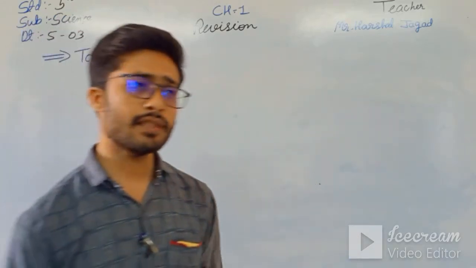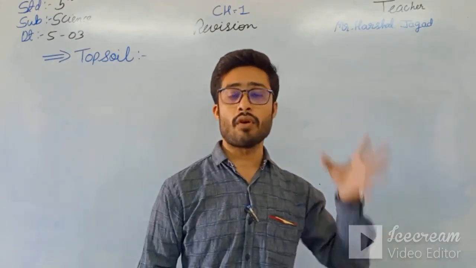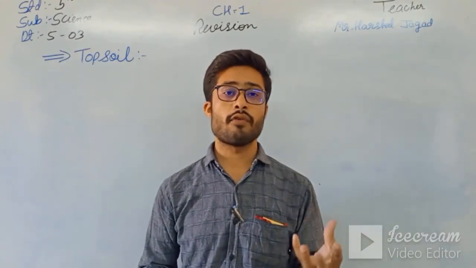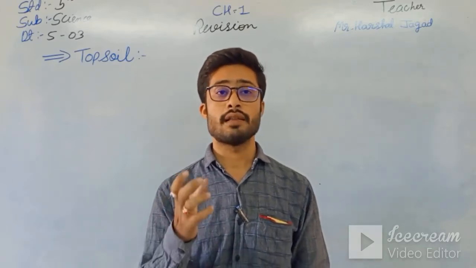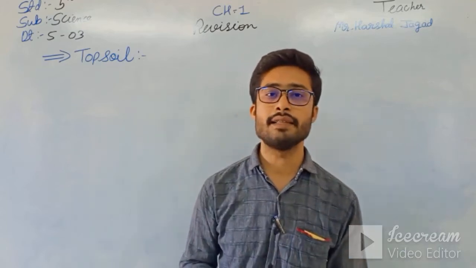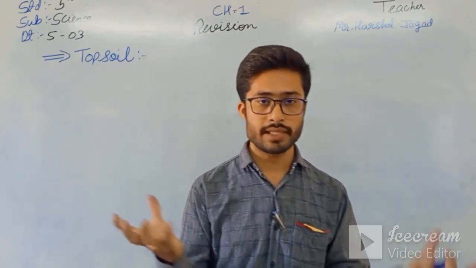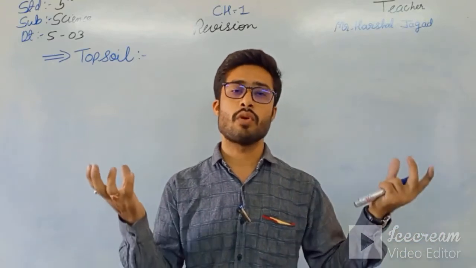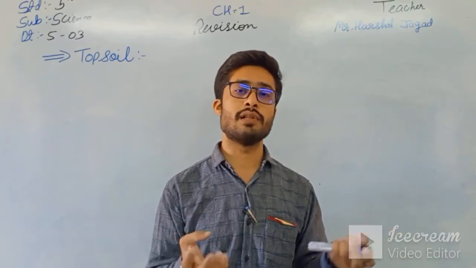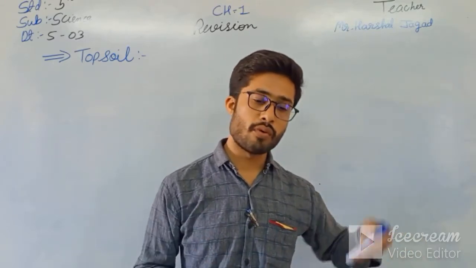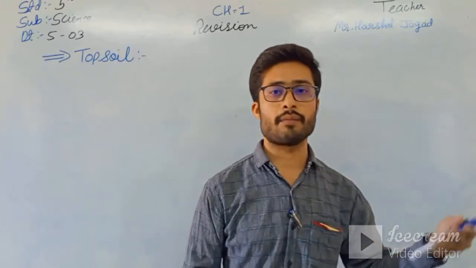Here first of all we know that the plants and trees hold the soil. The topsoil is held by the trees and by the plants, by the roots which hold the soil. Okay, the roots hold the soil. So if we grow more and more trees, what happens? The soil erosion will not take place.